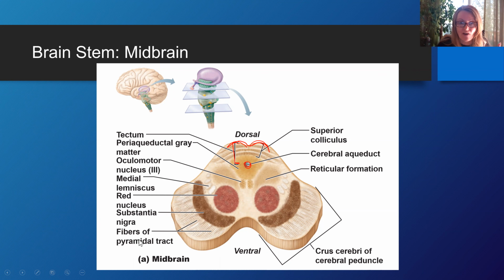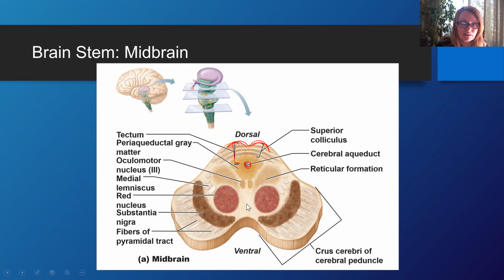So those are fibers of tracts or nuclei, like the red nucleus, the substantia nigra, a really dark part of the midbrain. And this is the area where lots of dopamine is synthesized, and deficiency of dopamine production in the substantia nigra is responsible for Parkinson's disease.